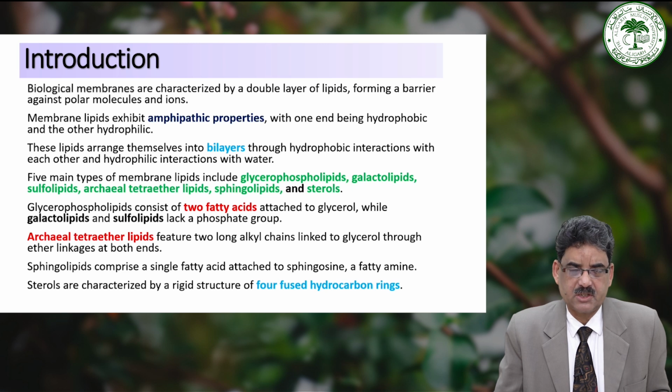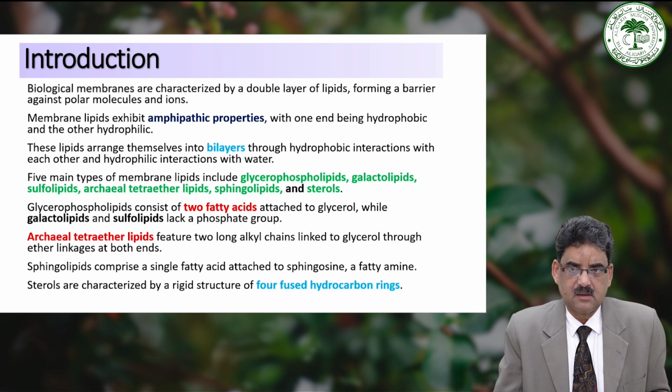This is the introduction. The fundamental structural element of biological membranes consists of a lipid bilayer featuring two layers of lipids that serve as a barrier against the passage of polar molecules and ions.